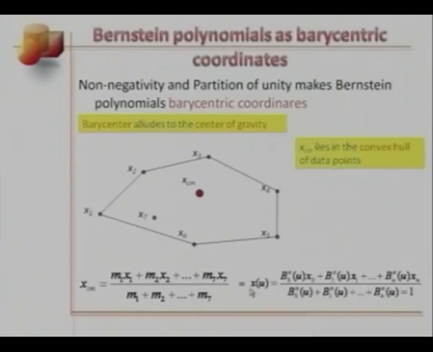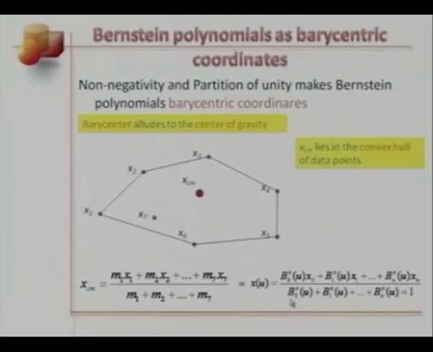If we replace m1 by, say, b sub 0 n, m2 by, say, b sub 1 n, and so on and so forth, we get x(u) as b sub 0 n times x0 plus b sub 1 n times x1, and so on and so forth, up till b sub n super n times xn, over the sum of all Bernstein polynomials.